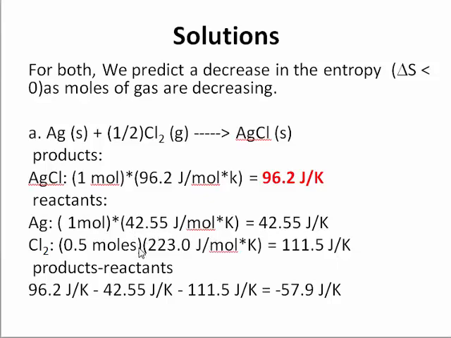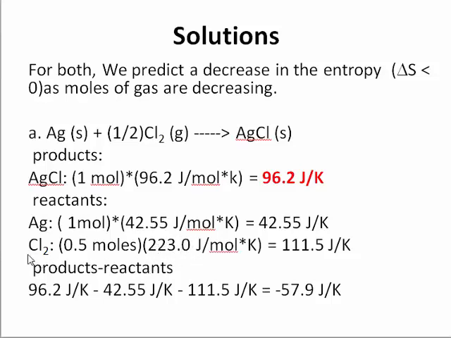Notice for a mole of these substances, this monatomic solid and this diatomic gas, the entropy of chlorine, the gas, is considerably larger than the solid. We would predict that gases should have high entropies.